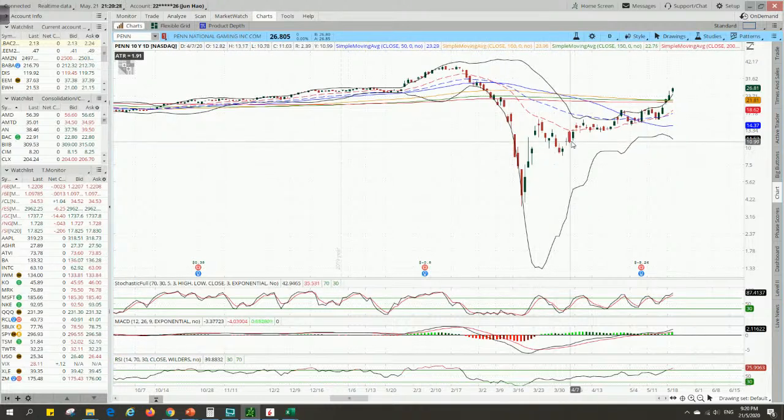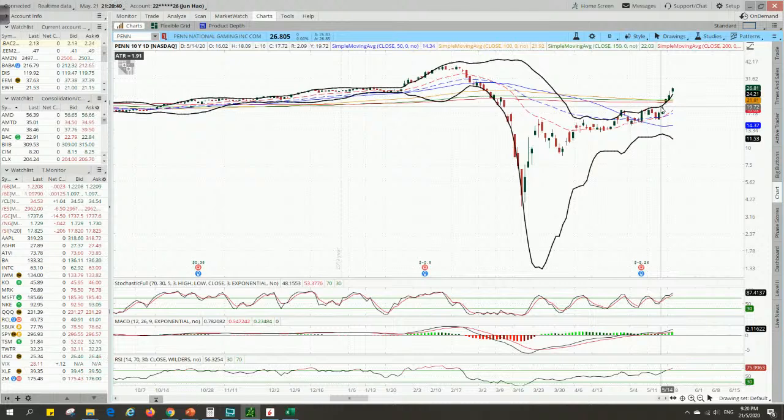But it has been recovering afterwards quite well, and we can see that it has already broken through the convergence of these moving averages, which is acting as a resistance. All right.